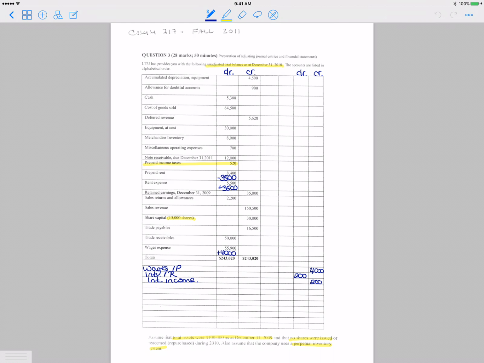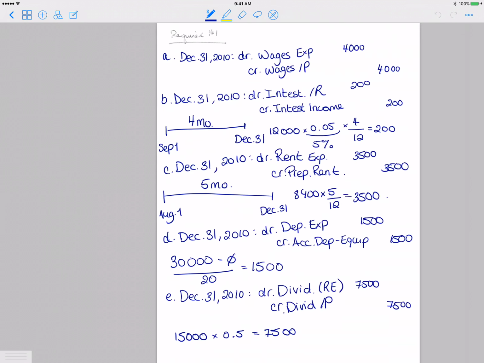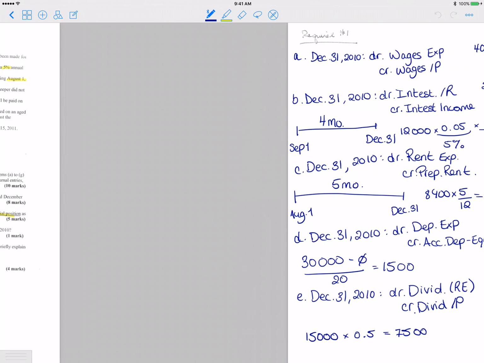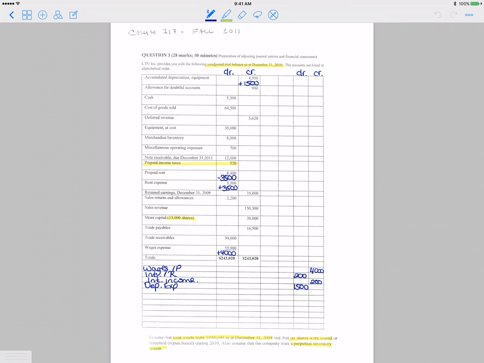So accumulated depreciation needs to be added at $1,500, and we know that no depreciation expense was recorded, so depreciation expense needs to be added at a total cost of $1,500. Now the next one was the dividends and the dividends payable. We can see that we don't have these accounts, so let's create them.